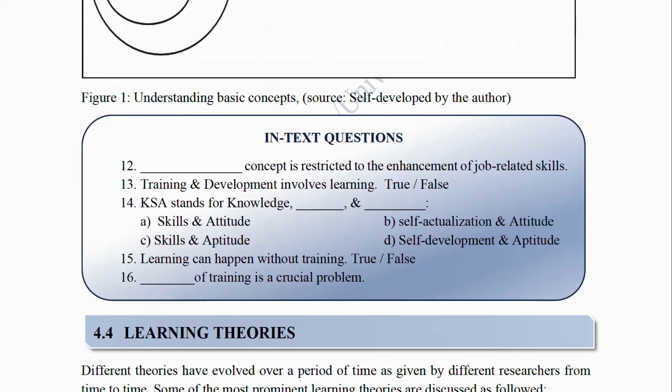A. Skills and attitude. B. Self-actualization and attitude. C. Skills and aptitude. Or D. Self-development and aptitude. Fourth, learning can happen without training, true or false. Fifth, dash of training is a crucial problem.